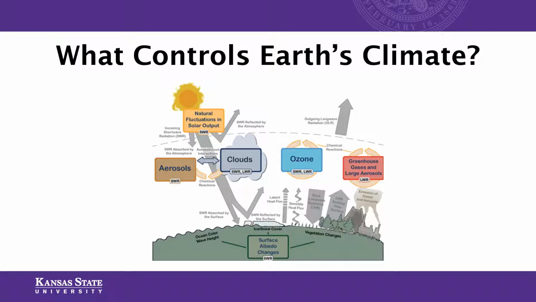You may have also studied this information if you took Geography 221 or other similar courses at K-State. So hopefully this is refresher information for some of you, and this will trigger memories of things that you have learned in the past. Our climate system obviously begins with energy from the sun.